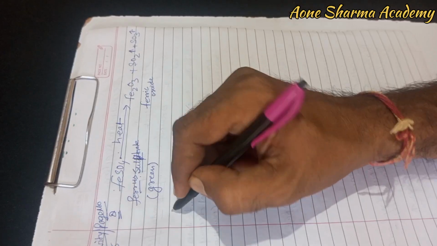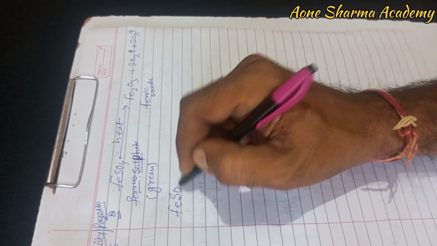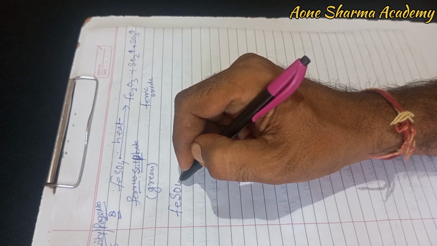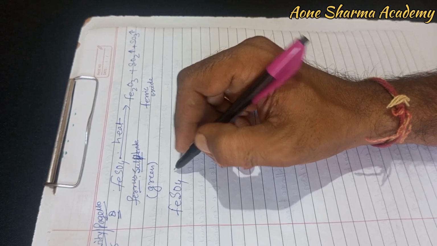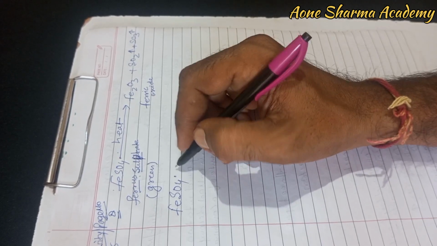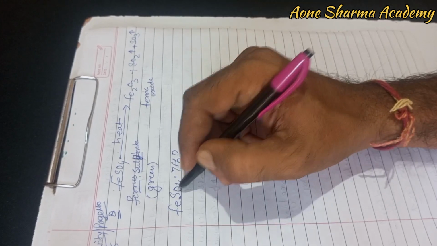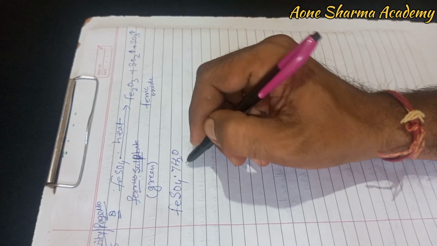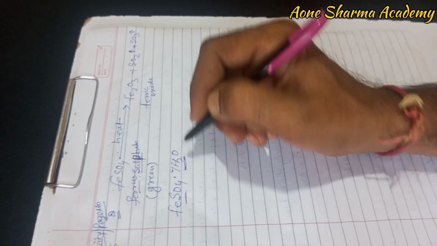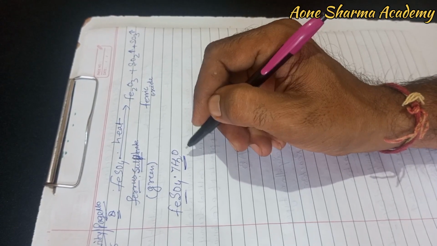Ferrous sulfate, which is green in color, has the formula FeSO4.7H2O, due to the crystal water present in it.